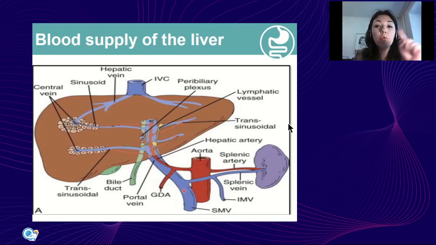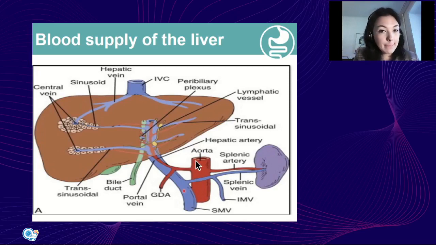We should remove a part of the organ in such a way that won't disturb the functioning of all the other parts of this organ. That's why surgically, the liver is also divided into two lobes, but not in the same way as we said in the course of normal anatomy.